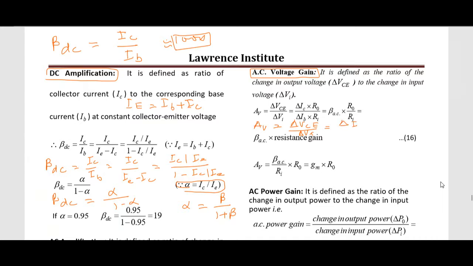This is delta IC into output resistance R0 divided by delta IB into input resistance Ri.